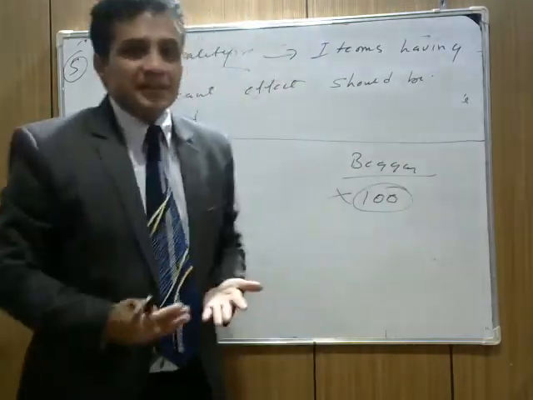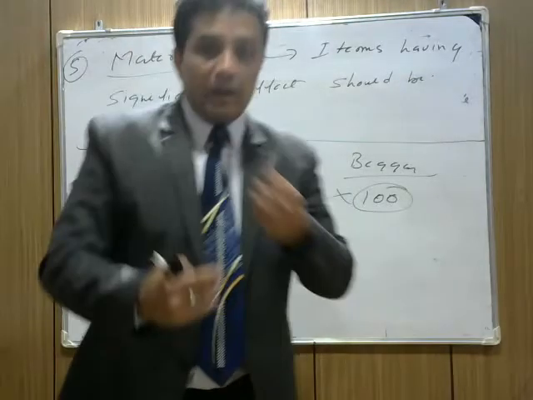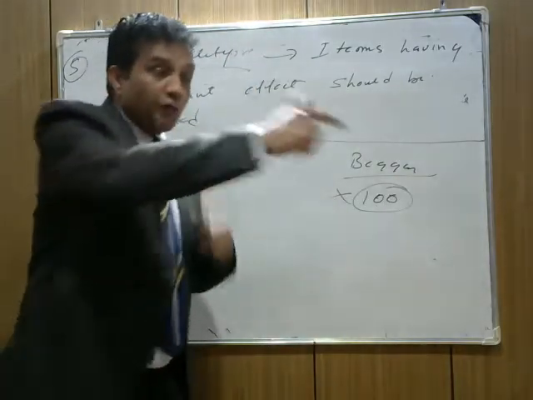It matters because if you're offering tea and coffee to most of your customers daily, saying 1,000 rupees a day you're spending, it doesn't matter. But if you multiply 1,000 by 365 for the whole year, it matters. So that's what I'm saying: the item having significant effect should be disclosed.